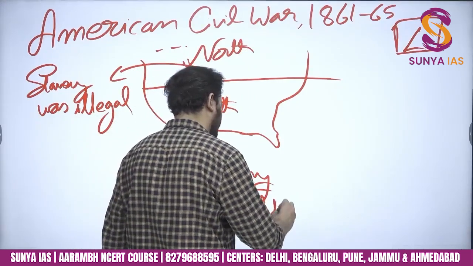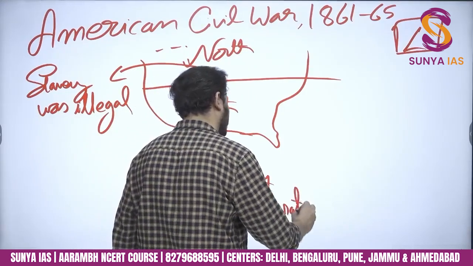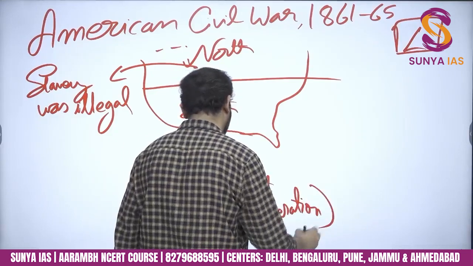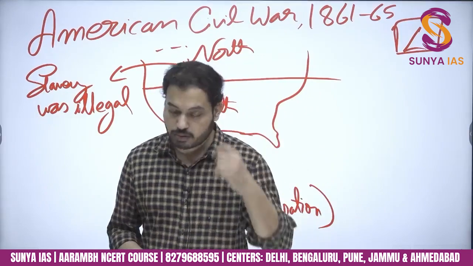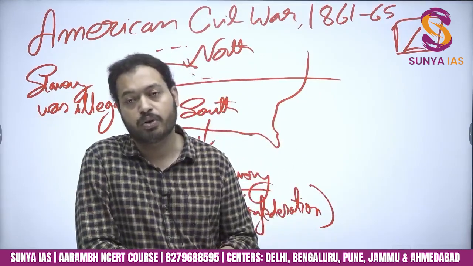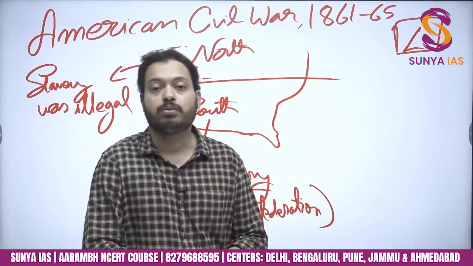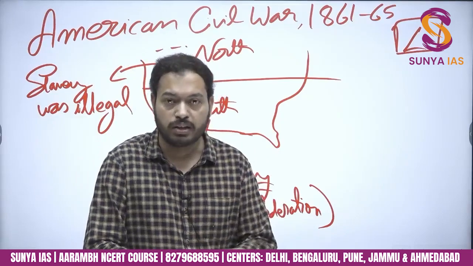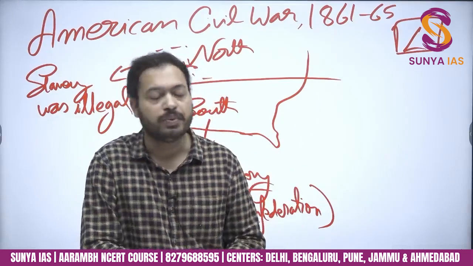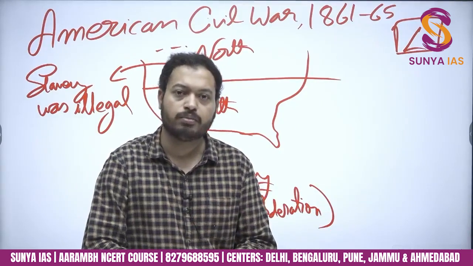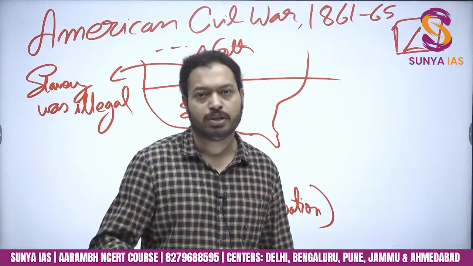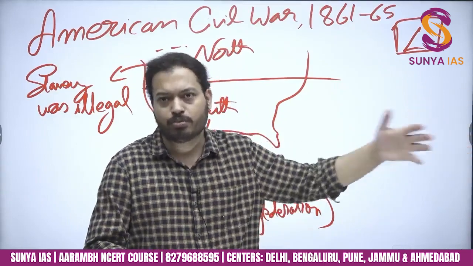Now when this happened, the American North declared a war on the American South. The northern states were called the Union Army. The southern states were very big on cotton production because they had so many slaves and so much farmland.